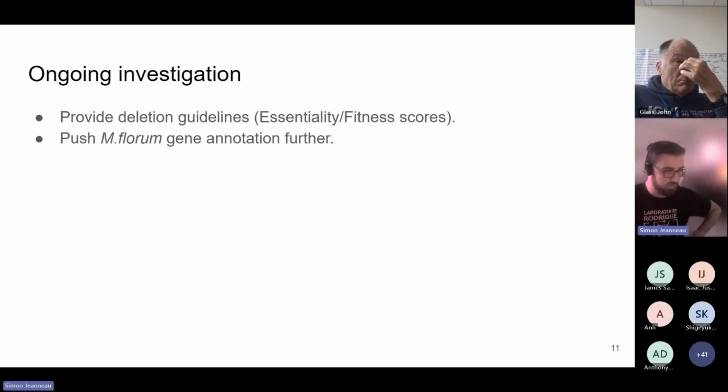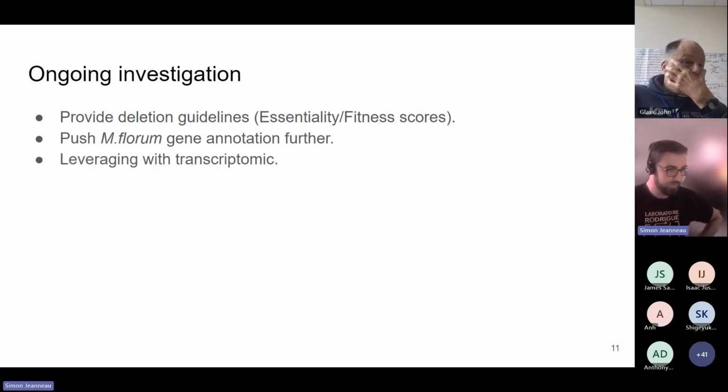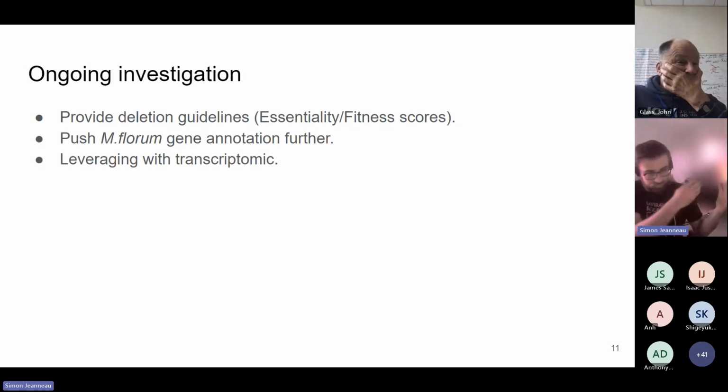Well, push the annotation, as I said earlier, and it can be leveraged with the transcriptomic data that Anthony presented earlier. So we have a lot of data that is boiling right now, and we have to cook something coherent with all of this. And I hope that transcriptomic and transposomic data can be compared intelligibly, so it can be leveraged.